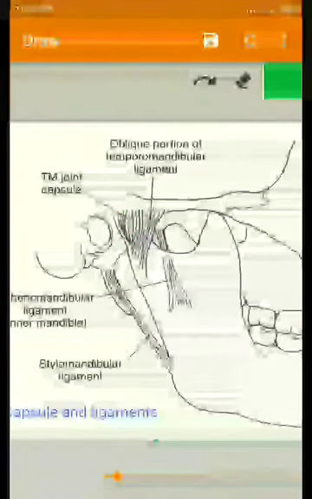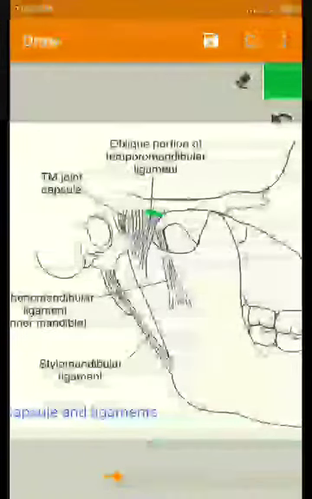Now, coming to this capsule, because of these attachments it has more attachment on the superior aspect, anteriorly at the articular eminence, and inferiorly to the neck of the mandibular condyle.